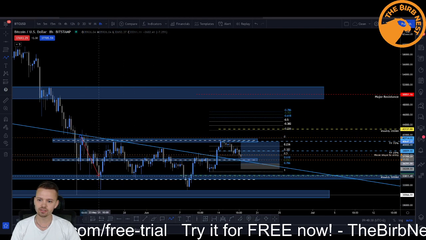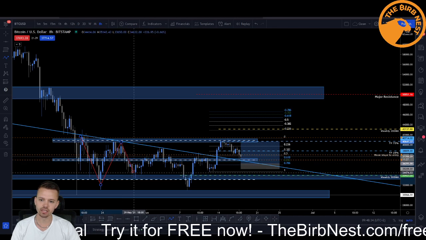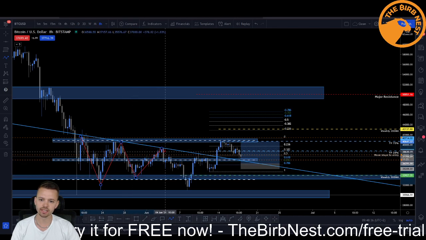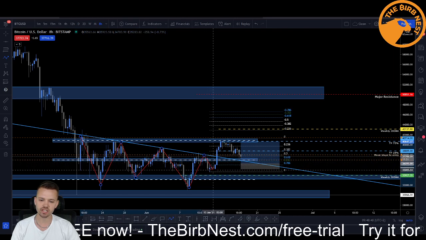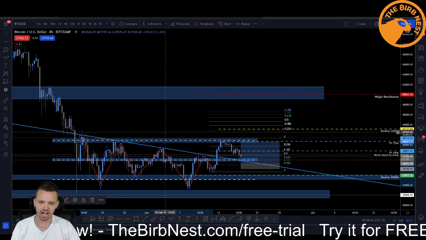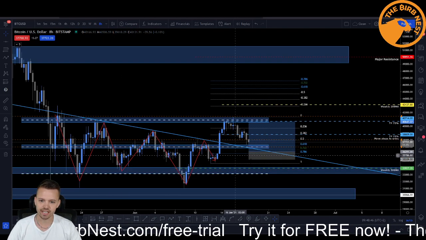So we have a high, a low, a lower high, a lower low, a lower high, a lower low, a lower high. And what do we see here? That is a higher low. This is a downtrend inside this range.